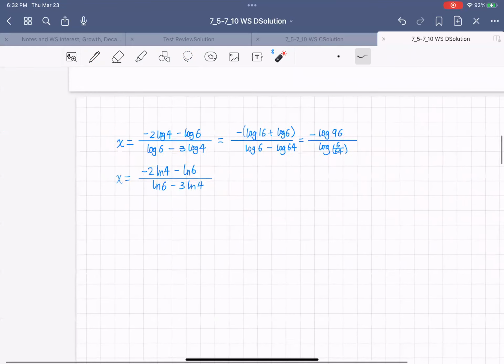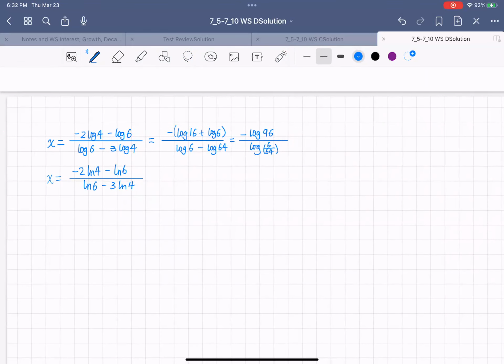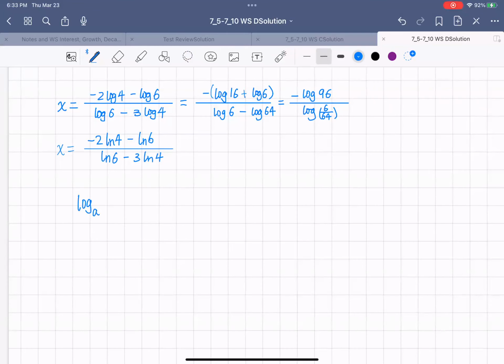The base change rule says if you have log base a of x, you can write this as ln of x over ln of a. You can also write this as log base 10, where you don't need to write any number: you just write x, and then put a here.